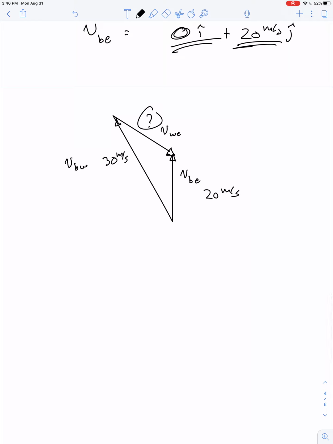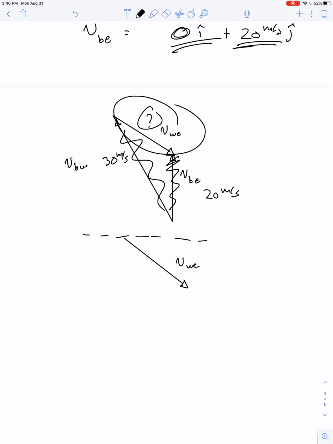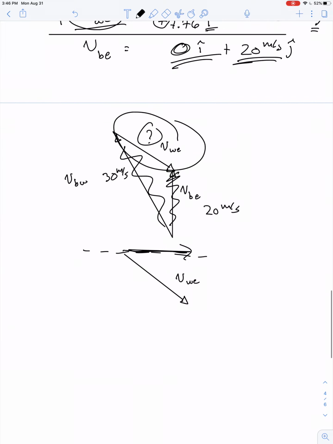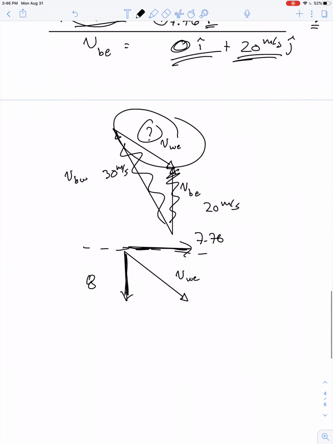So without even drawing in these vectors, we just see we have the velocity of the wind with respect to the Earth. This vector has a component to the right of 7.76 and a component downward of 8.98.